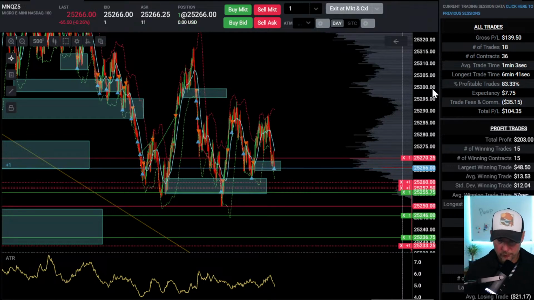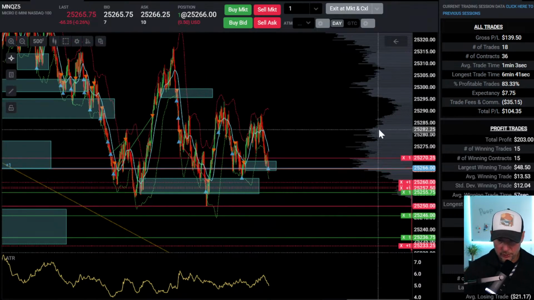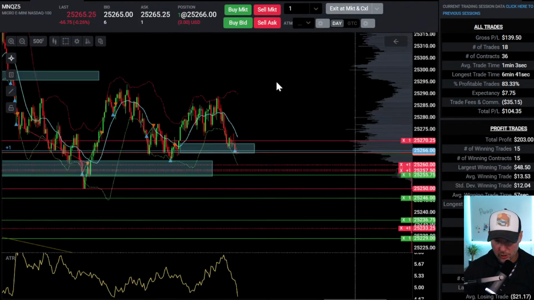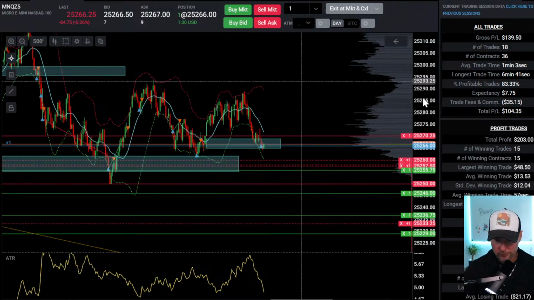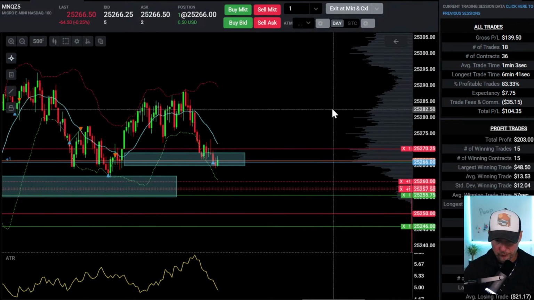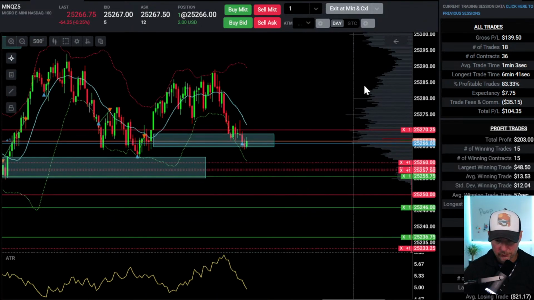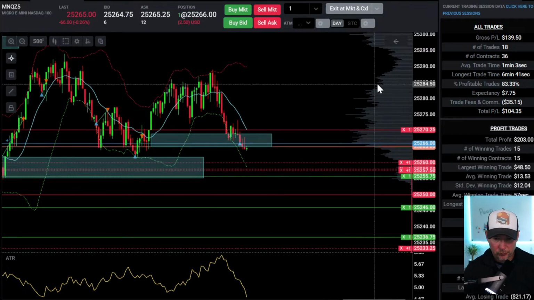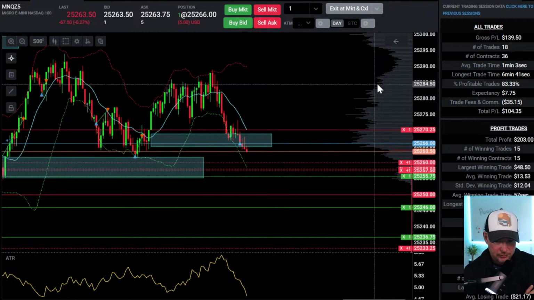Okay. There's that AOS. Let's see if we get a little bit of a pop from there for a quick scalp. Or does it go lower? Okay, it definitely was trying to pop. Let's see. Who wins? Definitely a little bit of fighting going on between bulls and bears.